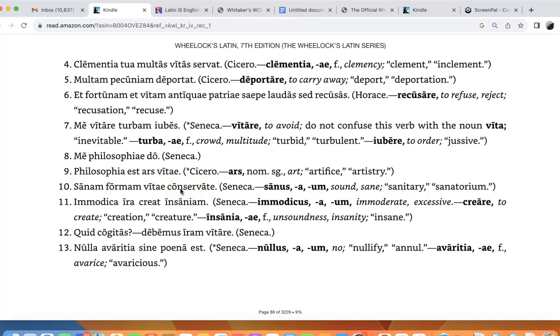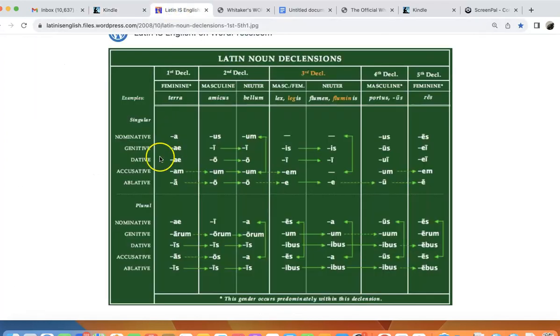And what is it you're trying to conserve or to keep safe? A sane form of life. In other words, keep your sanity. So literally keep a sane form of life. I do tend to keep my translations literal so we can understand the grammar. Sanam, of course, is our direct object.